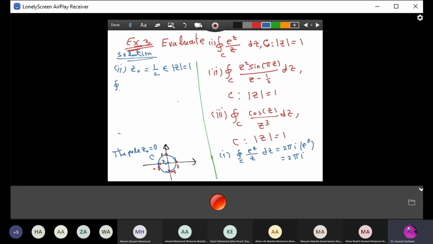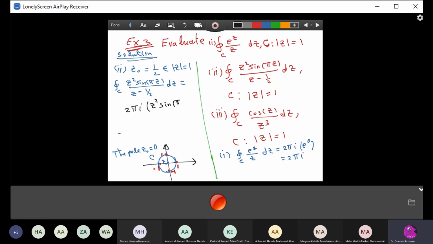So the integration over this C of Z squared sine pi Z over Z minus half dz equals what? Yes, I'm hearing you say this is a simple pole, so 2 pi I. What is your f of Z? It is my numerator, Z squared sine pi Z. No, not Z. You have to write Z naught.